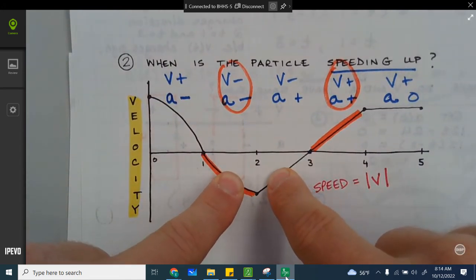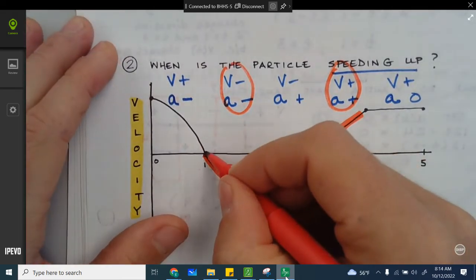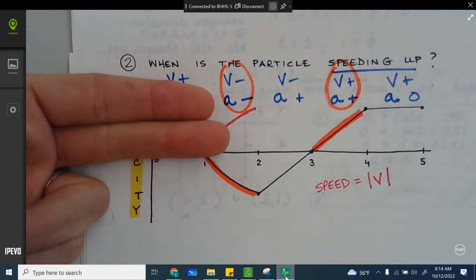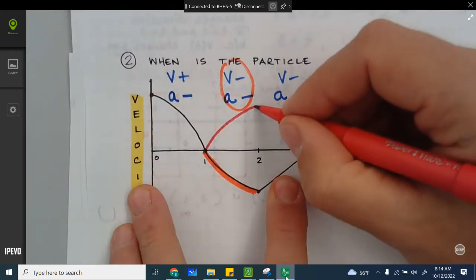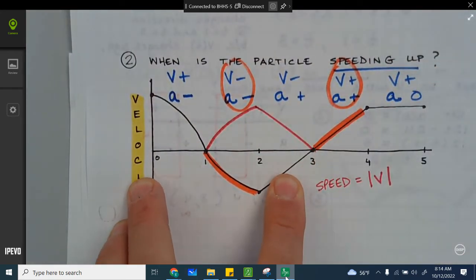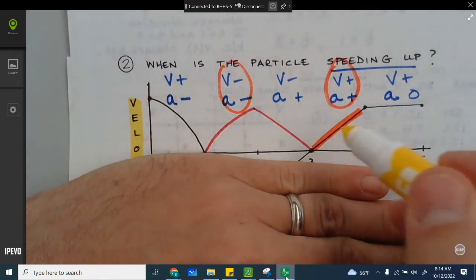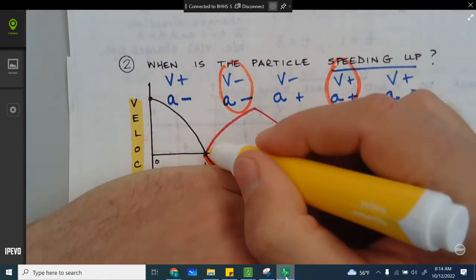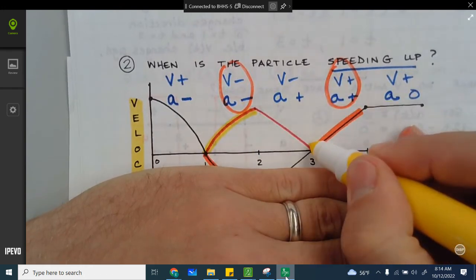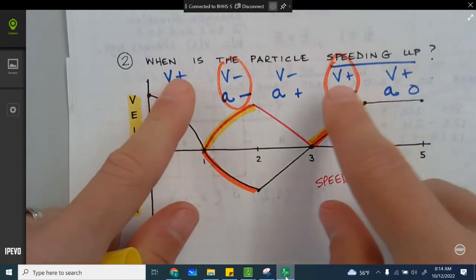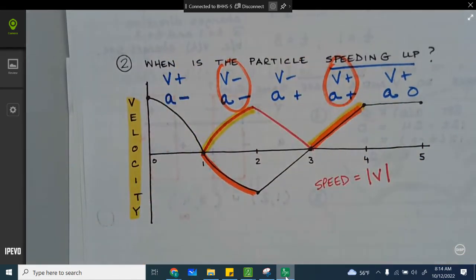What would you do with that? When you flip it, it goes like this. Ba-boom. Right? I flipped that up. And then ba-boom. And now it's really easy to look at the speed graph. This is the speed graph up here and say, oh, it's on its way up right there and right there. Notice that those are the exact same two intervals that we found using the velocity acceleration method.